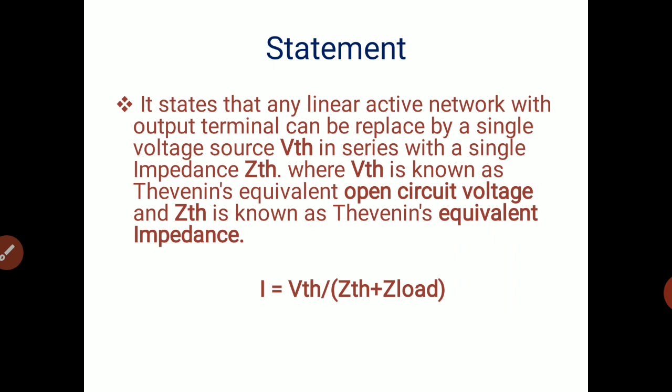Here is the statement of Thevenin's theorem. It states that any linear active network with output terminals can be replaced by a single voltage source VTH in series with a single impedance ZTH, where VTH is known as Thevenin's equivalent open circuit voltage and ZTH is known as Thevenin's equivalent impedance.